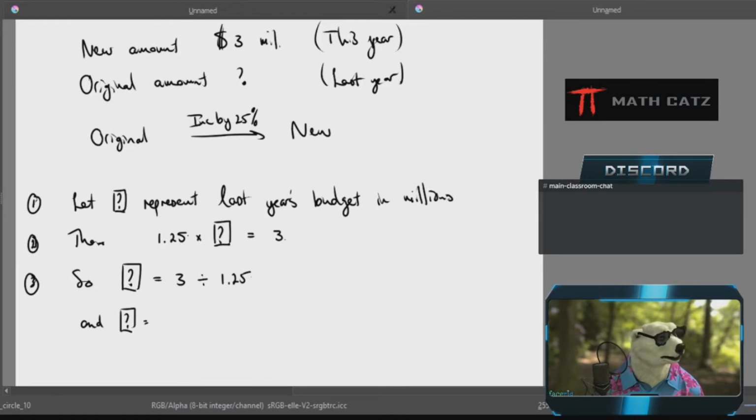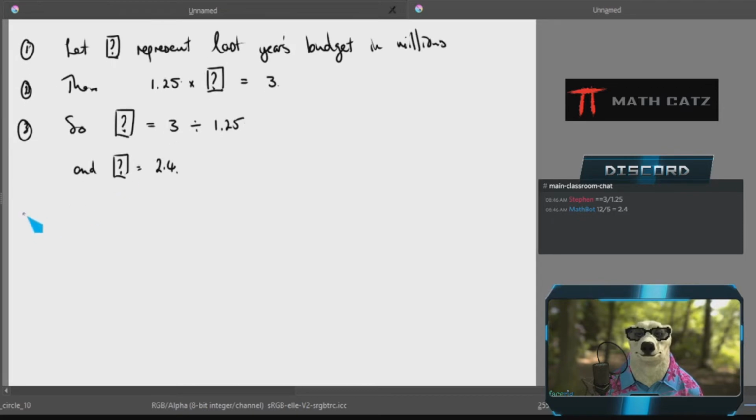Let's do it. Where is my mouse? There it is. 3 divided by 1.25. And we get 2.4. Now I just want to wrap it up. Because the original question was in English, it's nice to just wrap things up and say what your answer is in the original wording.